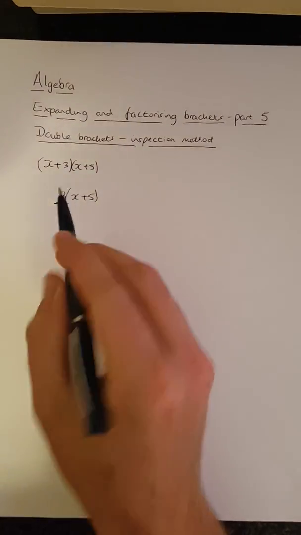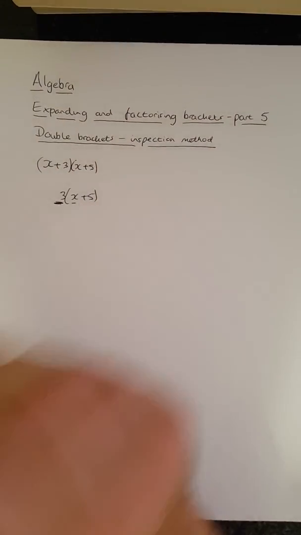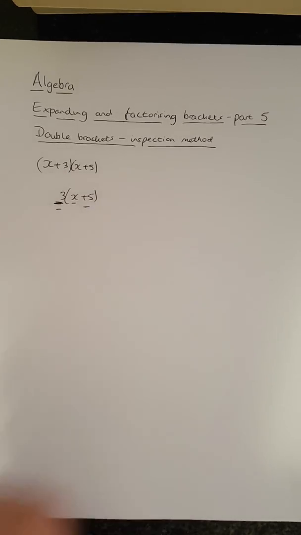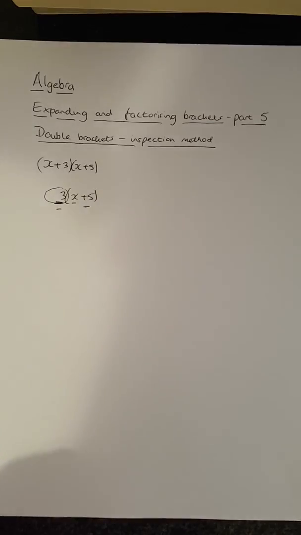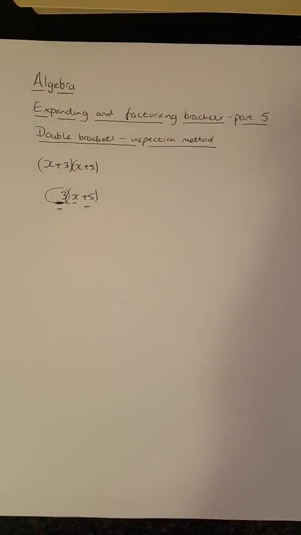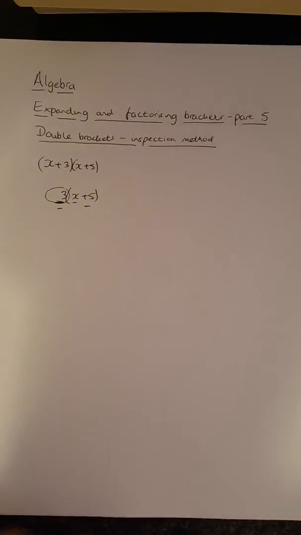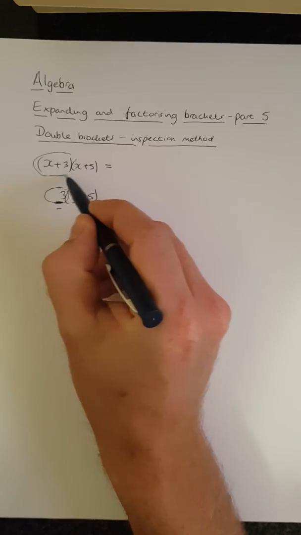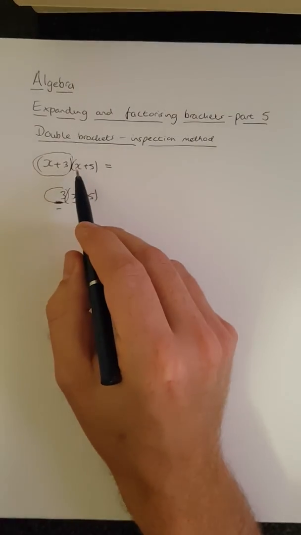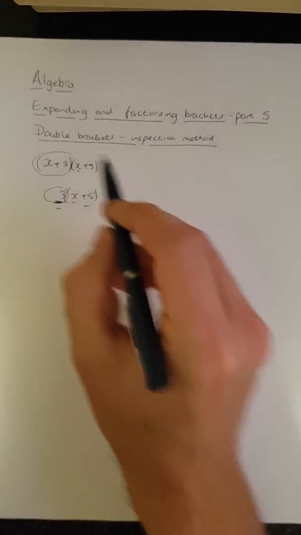I would do this times this, and then I would do this times this. I would take what was outside and I would multiply each term in the bracket by that. So let's do that. I'm going to take what's outside the second bracket and multiply each term in the bracket by it.